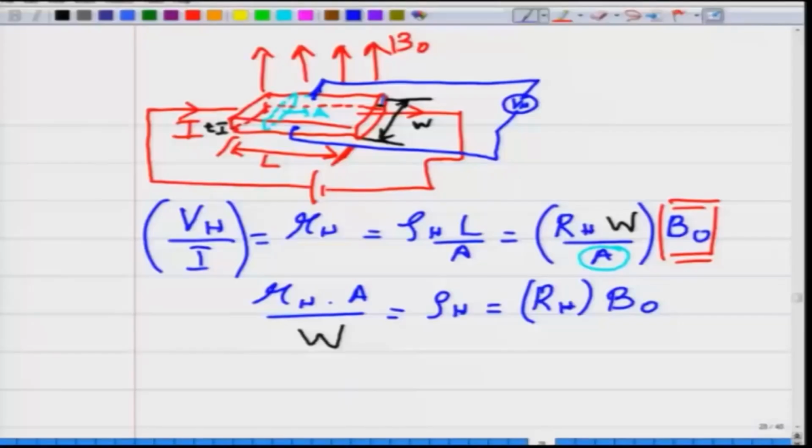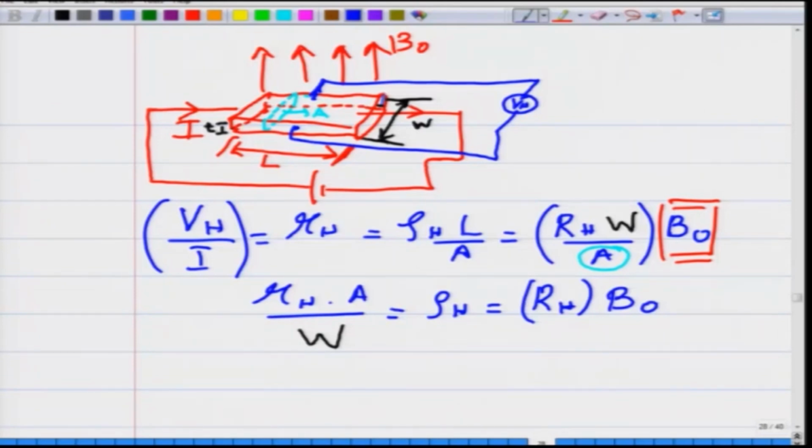So, when you are using a Hall sensor, basically you have a sample whose length is L, width is W, and thickness T. You bias it by sending in a current I through the sample, and if you place the sample in a magnetic field B naught, then you will get a transverse voltage Vh which develops across the sample. The voltage, as I had said, is perpendicular to the direction of the flow of current.